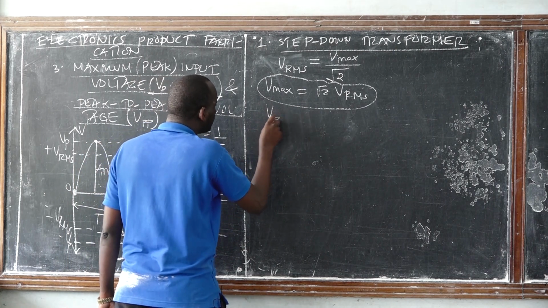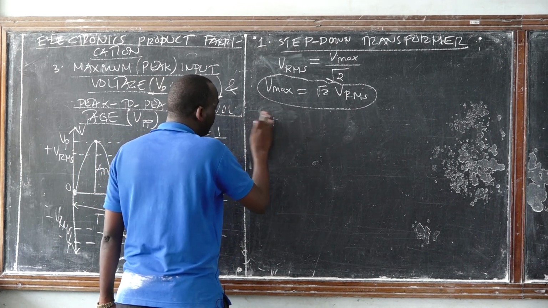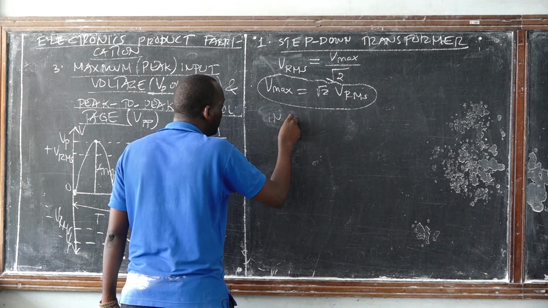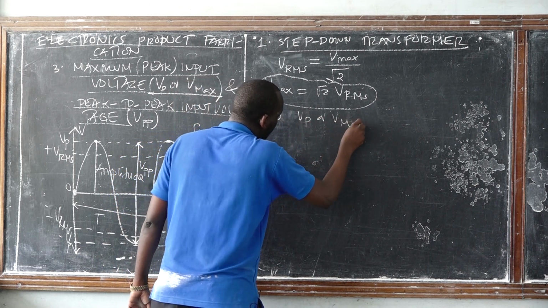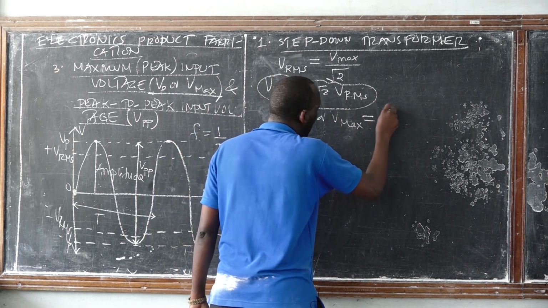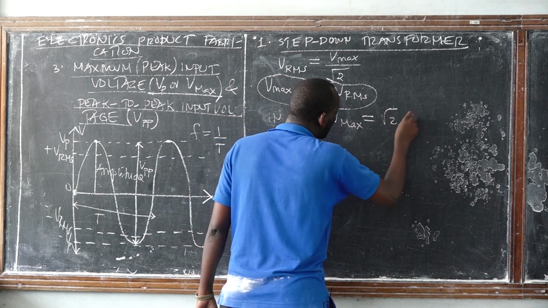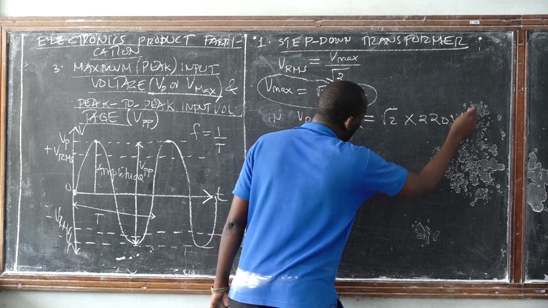So now, if you want to know input V peak or V maximum, we just multiply by square root of 2. Let us take 220 volt.